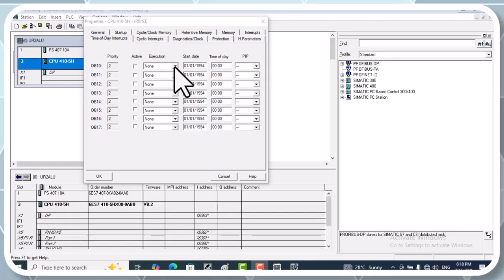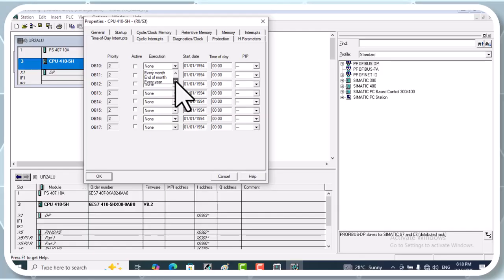So my friends, you can execute these blocks by the operating system only once, or every minute, or every hour, or every week, month, or end of the month, or every year.